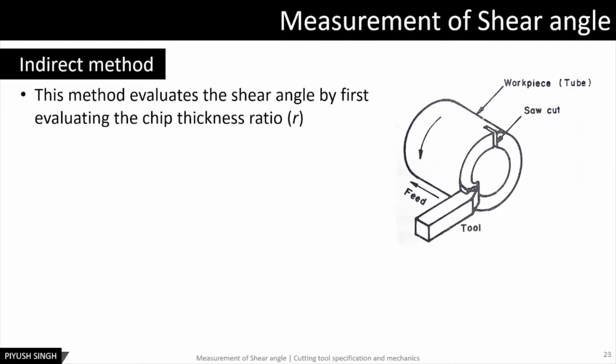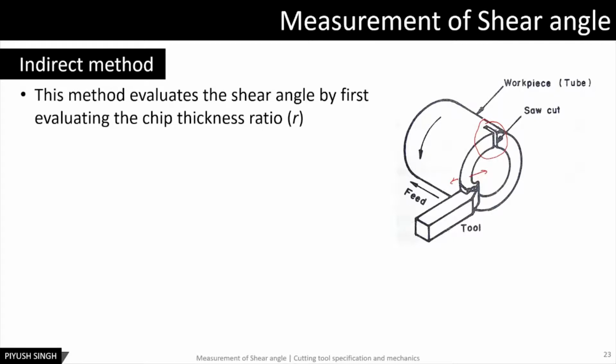We have cut a small opening in this tube using a saw. The cutting edge is selected such that it extends on both sides of the tube, that is, beyond the outer and the inner diameter.